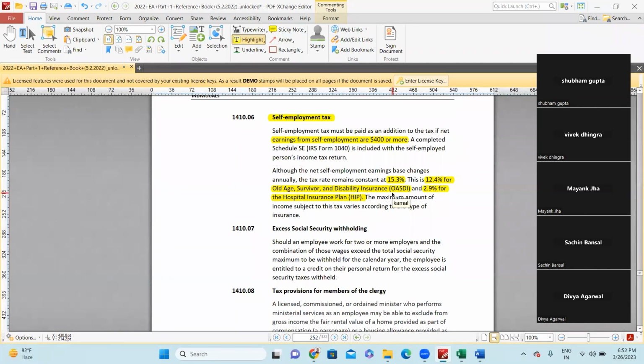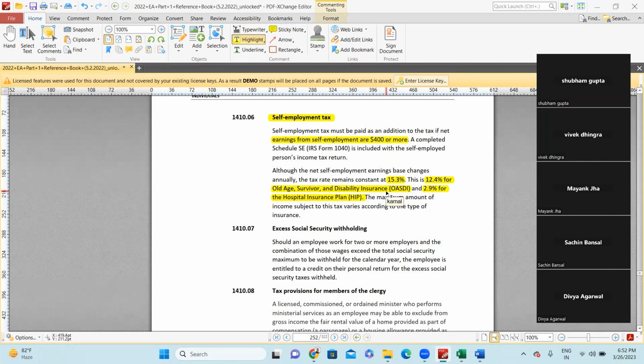If you add 12.4 plus 2.9, it comes to 15.3. So the total amount payable is 15.3%, with the breakup of 12.4% for OASDI and 2.9% for the hospital insurance plan.